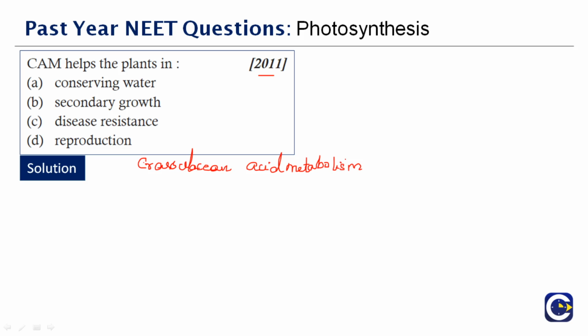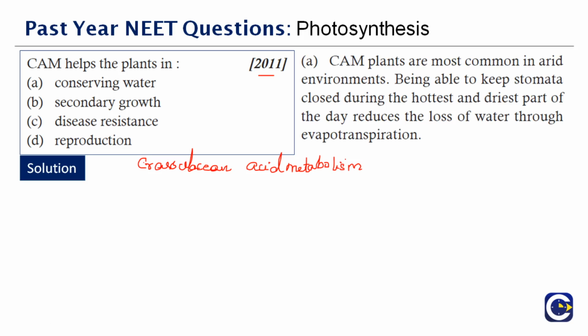When certain plants, due to adaptations to arid conditions, use CAM, they close the stomata during the day so that water is not lost through transpiration, which is evaporation. Therefore, the correct answer to this question is option A, conserving water. So you call that condition evapotranspiration.